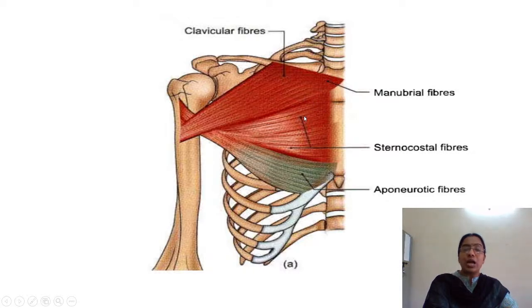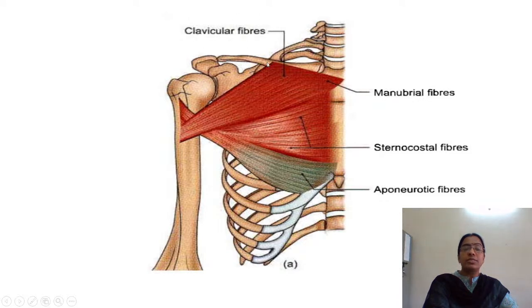The clavicular fibers are called superficial fibers, the manubrial fibers are intermediate fibers, and a few sternocostal fibers are deep fibers. These three put together form the anterior lamina of the pectoralis major.